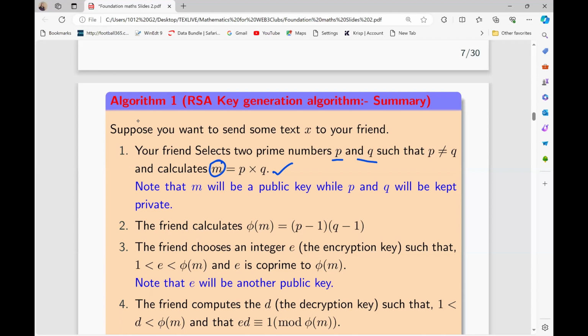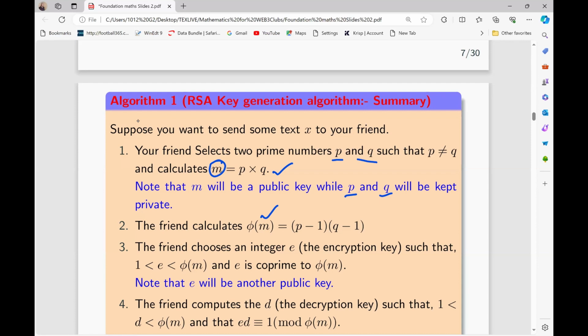And then the P and Q are supposed to be private, so he keeps them private. Then using P and Q, your friend again will calculate phi of M. And we know what phi of M is. These are the number of integers less than M but relatively prime to M. So your friend calculates what phi of M is.